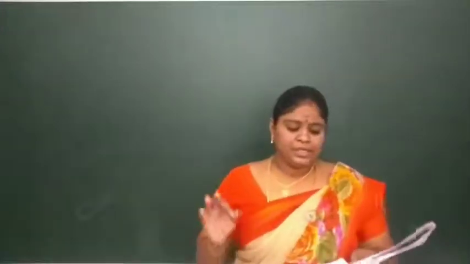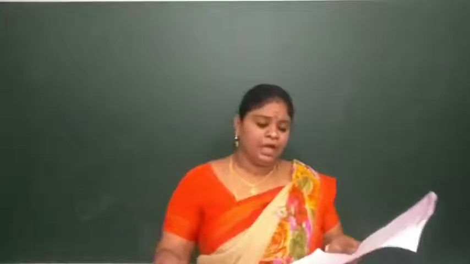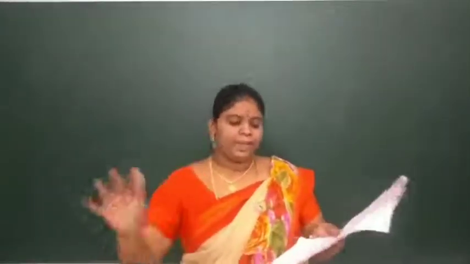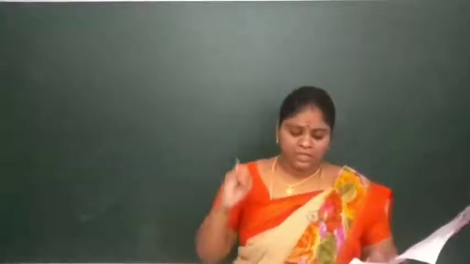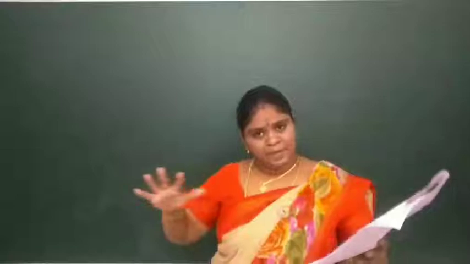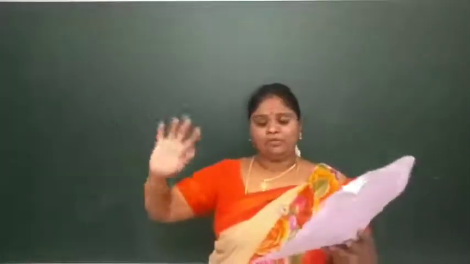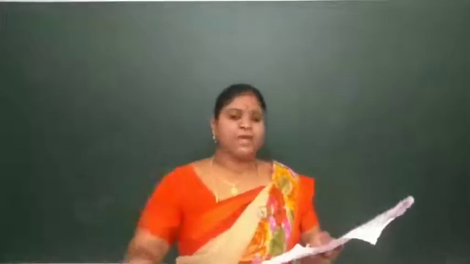Next question: which three river systems form the northern plain of India, mention their features. The northern plains have the major rivers Indus, Ganga and Brahmaputra. Indus is found in the western part of the northern plain, referred to as the Punjab plain.